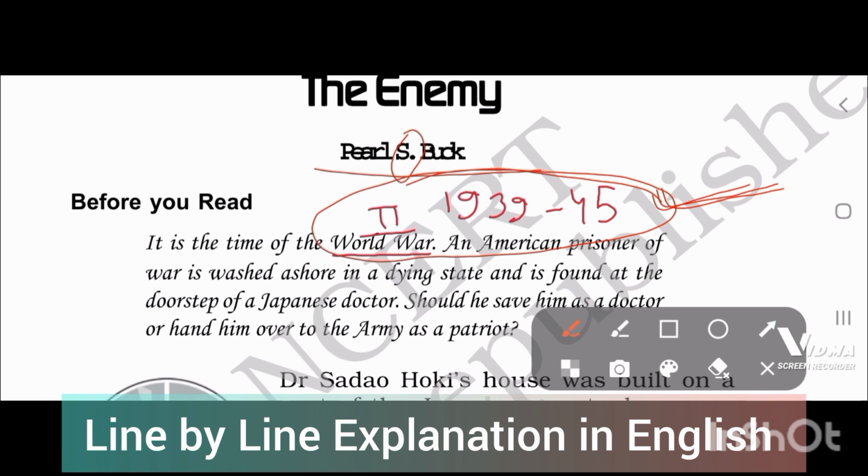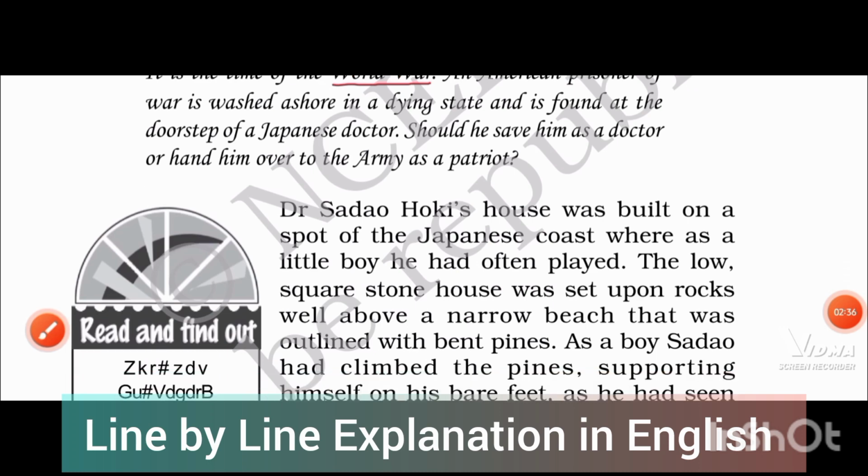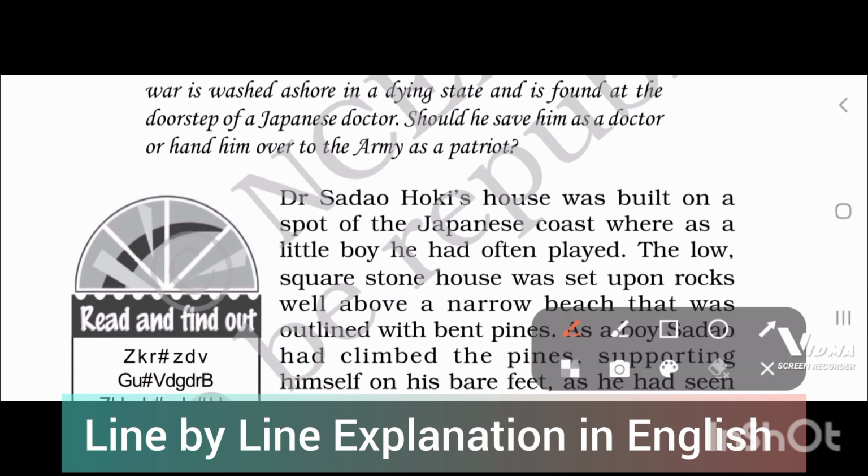Now, next important thing, if we talk about our protagonist, our major character, Dr. Sadao Hoki is the protagonist of the story. The other important characters are Hana, wife of Dr. Sadao, the white man who is a wounded fellow, whom we are going to mention as the prisoner of war.